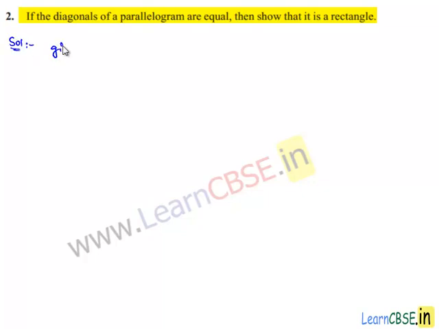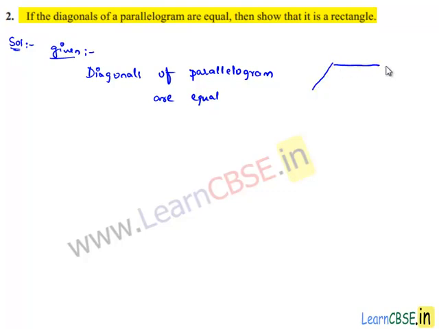Let us note down the given information that the diagonals of a parallelogram are equal. That means let us assume a parallelogram ABCD in which AC and BD will be the diagonals.